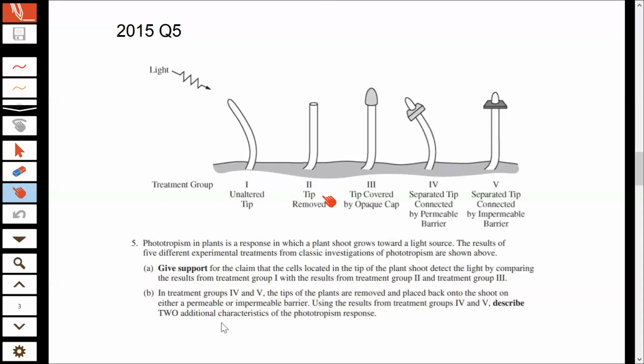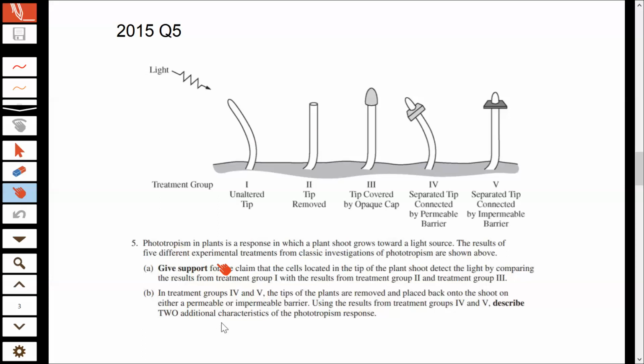So we can first conclude that the tip is the part that controls this, because the only thing different between groups 1 and 2 is whether or not they have a tip. So we can conclude that the tip is what's responsible for the phototropism response.